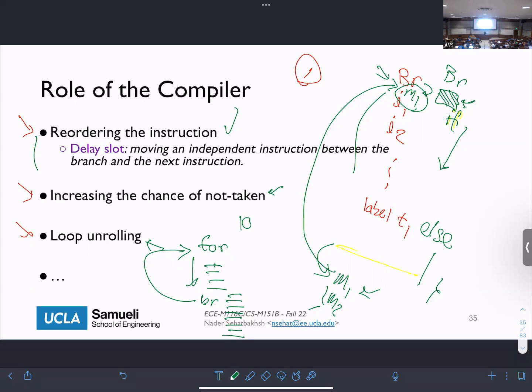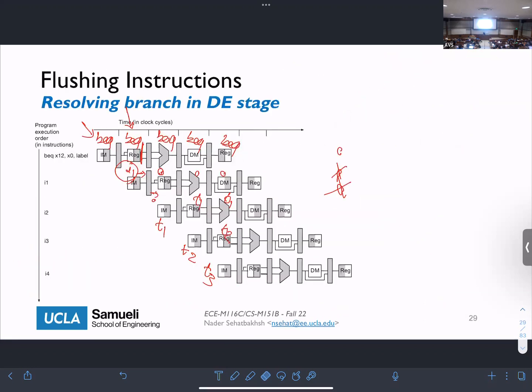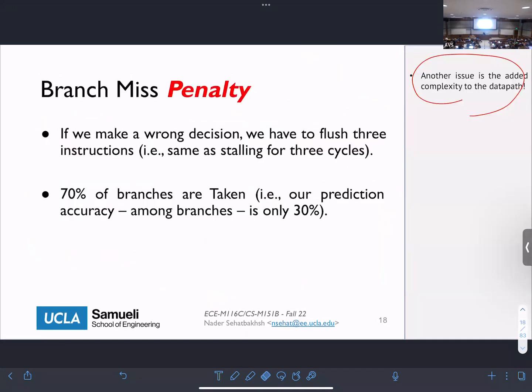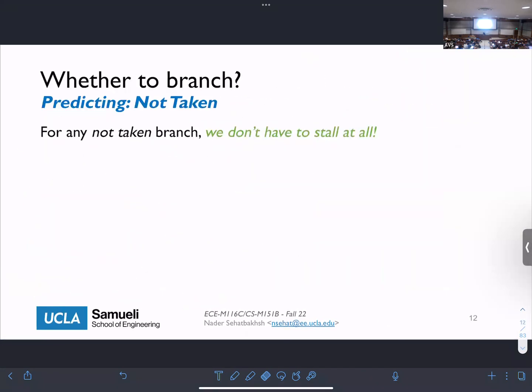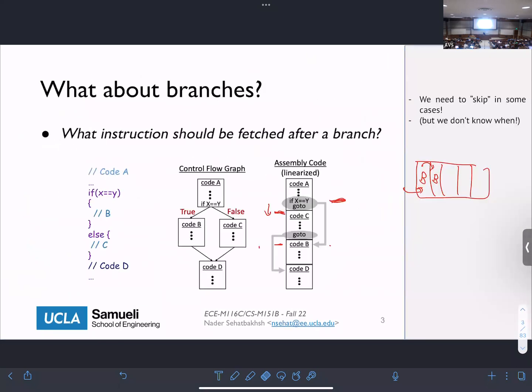The question is, how do you increase the chance of not taken? If I go way back, okay, here. We have the true and false paths, and we said we need to linearize this.